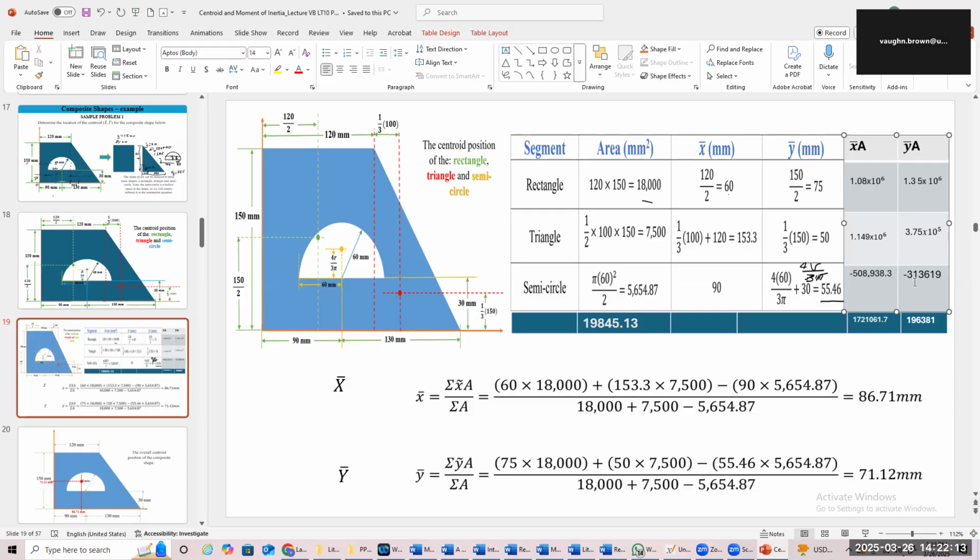The last one, let's check that one. So it's 55.46 times 5 minus 5654.87.